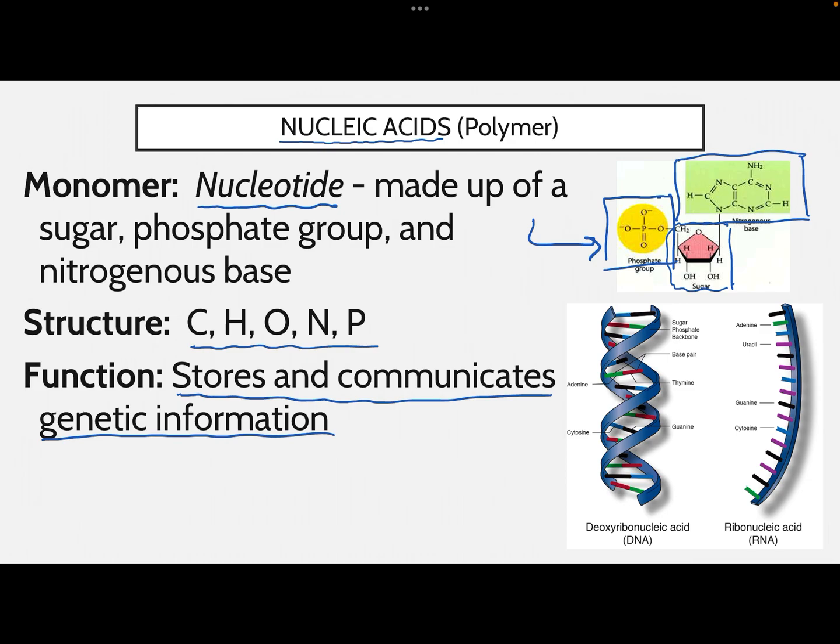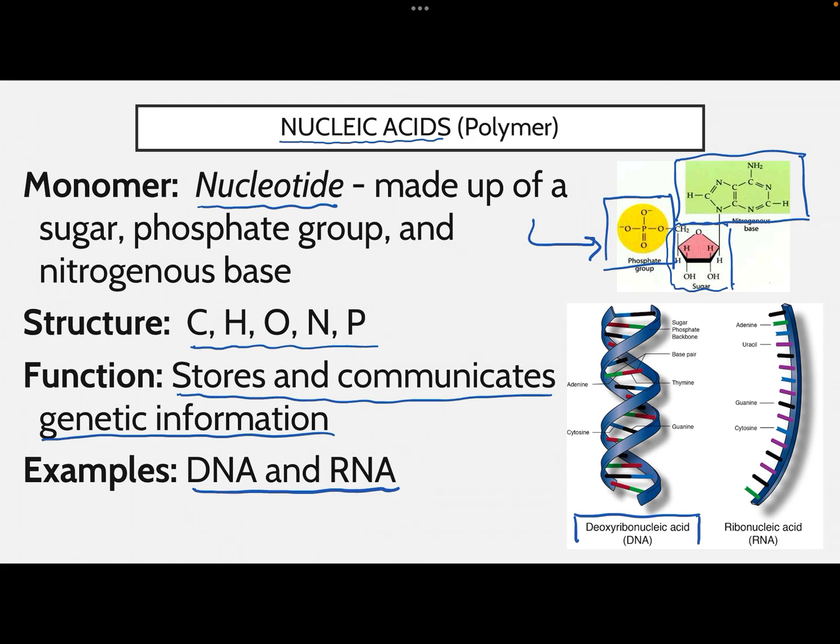And you almost certainly have learned about the two main types of nucleic acid, which are DNA and RNA. DNA is the kind of nucleic acid that stores genetic information. DNA doesn't do anything except serve as a repository for the information.